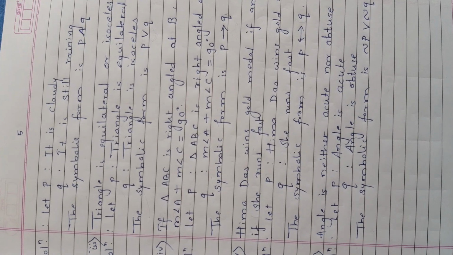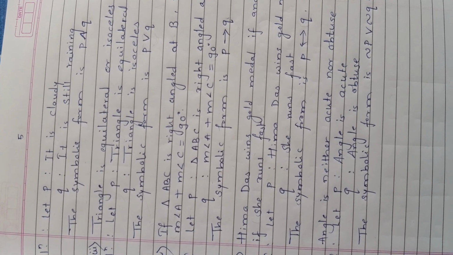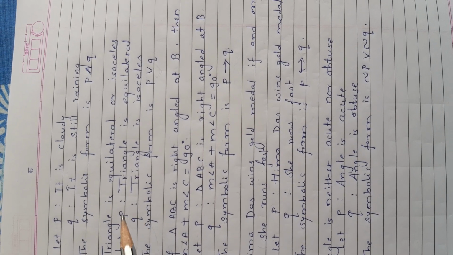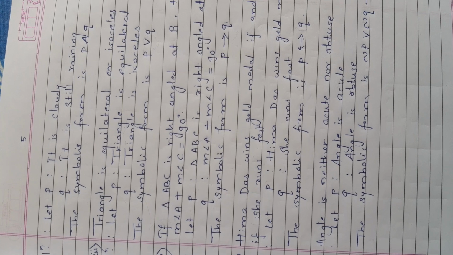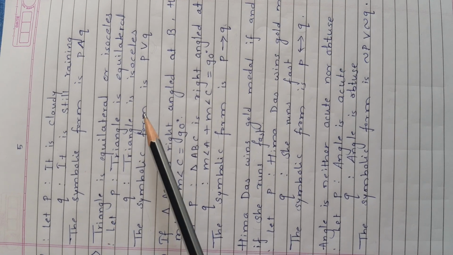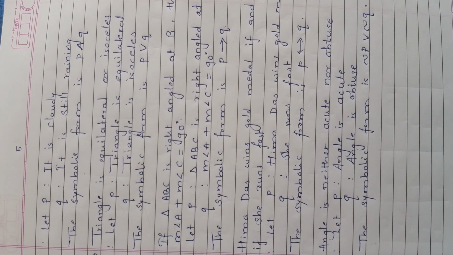Now see the third example: triangle is equilateral or isosceles. Solution: let P be the statement triangle is equilateral, and Q be the statement triangle is isosceles.